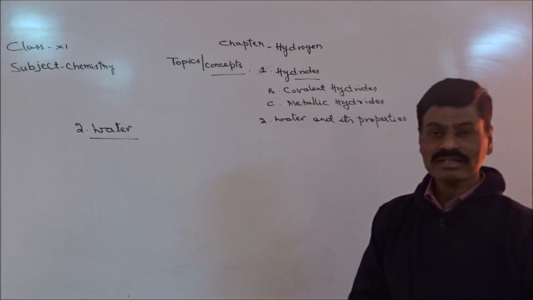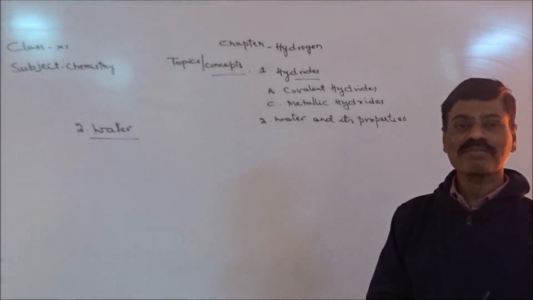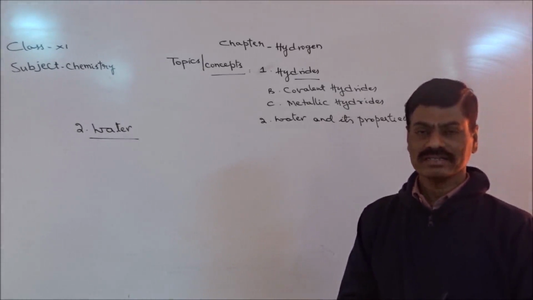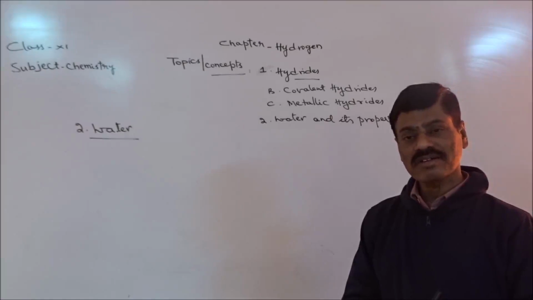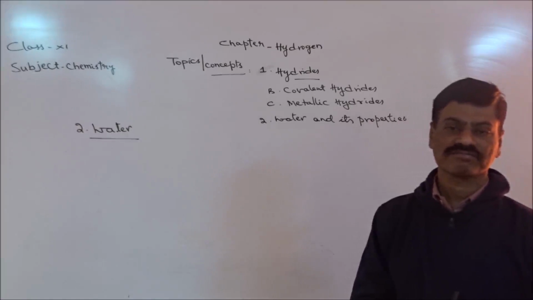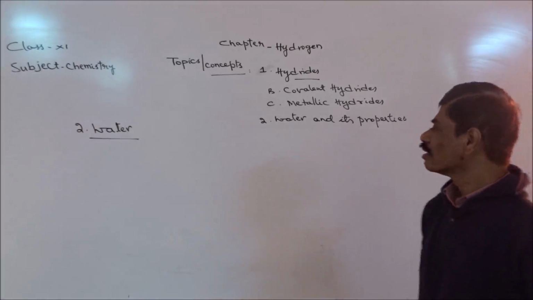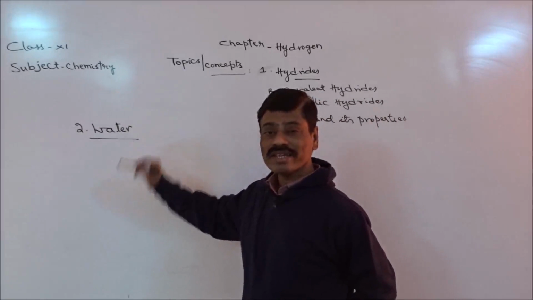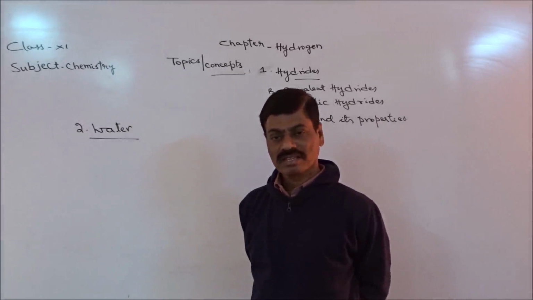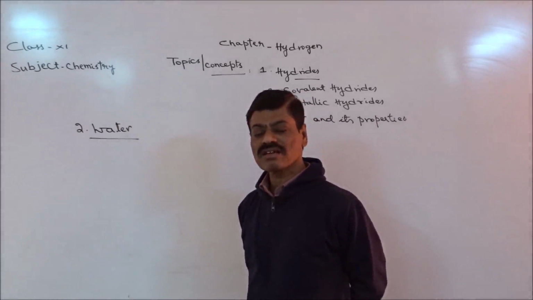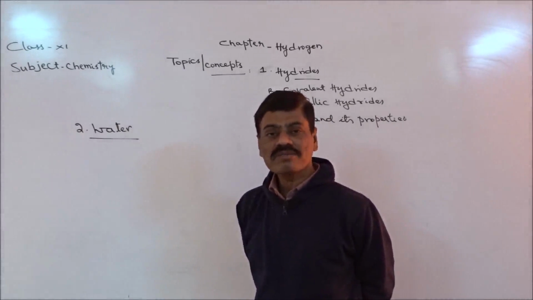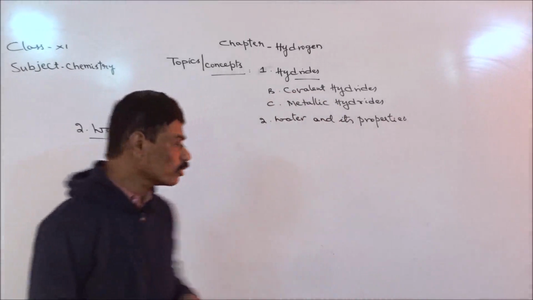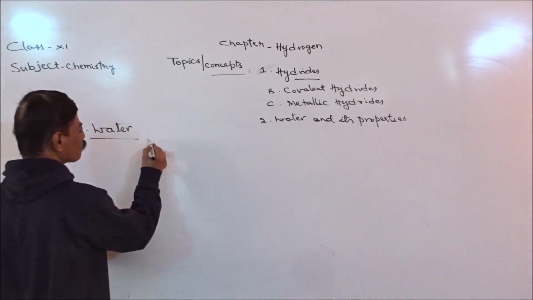Water is nothing but a solvent which is capable of dissolving many different types of substances in it. On this planet, this is what we call a unique solvent which is capable of dissolving many different types of compounds in it. That's why it is said to be the universal solvent.